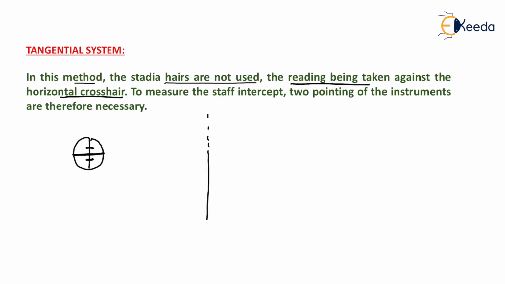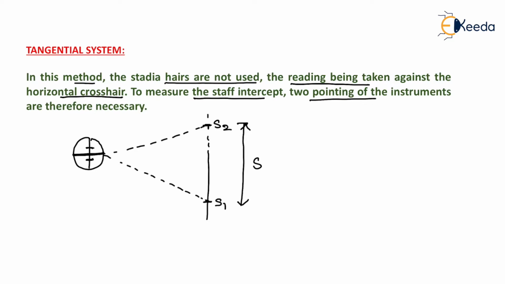The first reading is taken at this point, and by lowering the telescope we get the next staff value, that is S1 and S2. On subtracting these two values, we get the staff intercept S. So to measure the staff intercept, two pointings of the instrument are necessary.